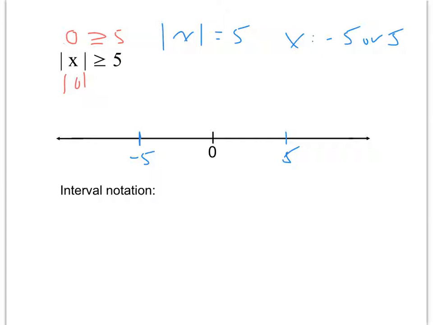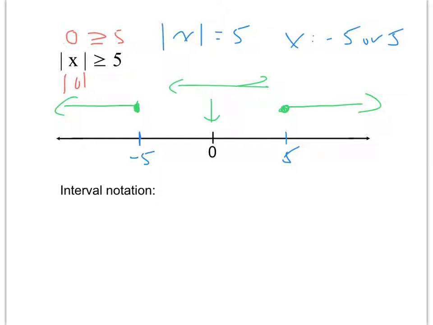So our answer on the graph is going to be a closed dot at negative 5 and everything less than that. Closed dot at 5 and everything greater than that. So this section right here is not part of our answer.